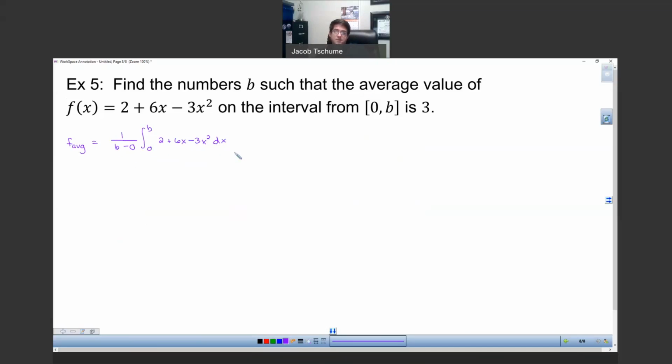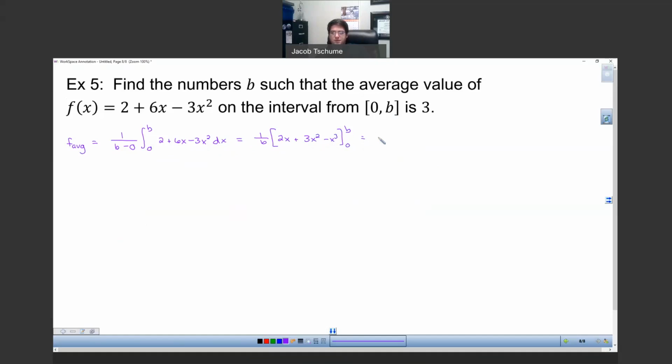This is going to be just direct integration. So that would be 1 over b times, you can integrate all three of those terms and get 2x plus 3x squared minus x cubed evaluated from 0 to b.